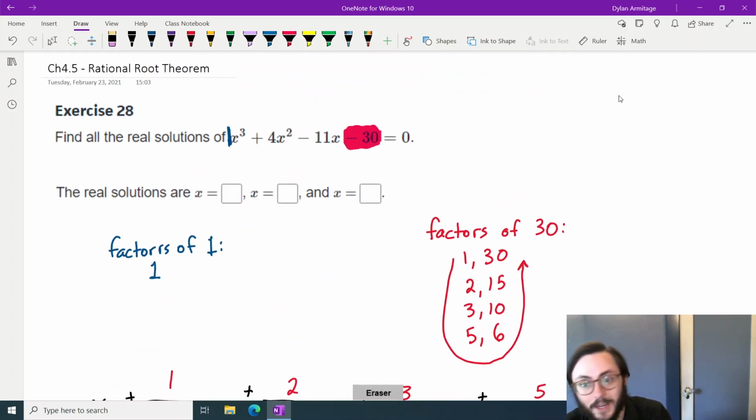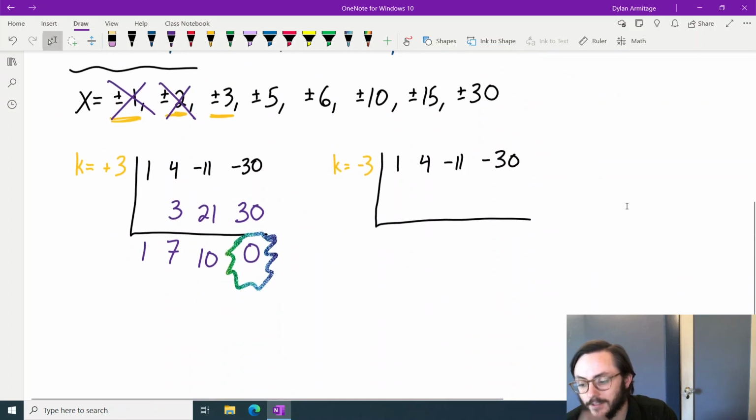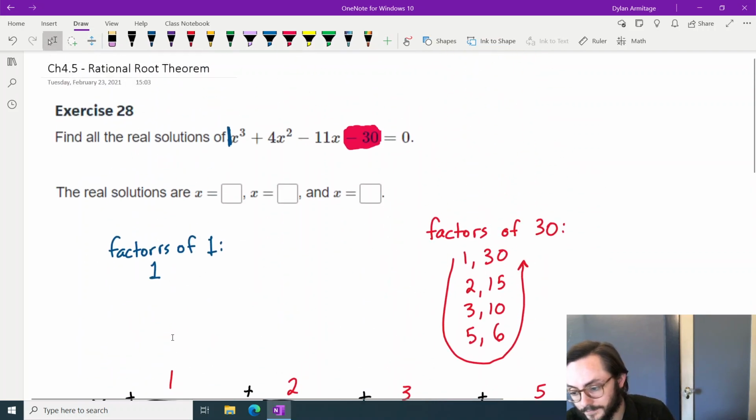I hope you called me out on that and were screaming at your monitor saying, no, no, no, don't write that. The solution's not 0. It's just that when we evaluated the polynomial at this point, we got 0 at the end, which means that our solution is this positive 3. There we go. Positive 3. Cool.